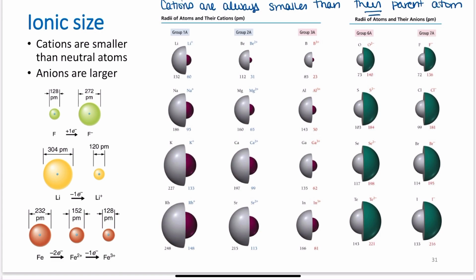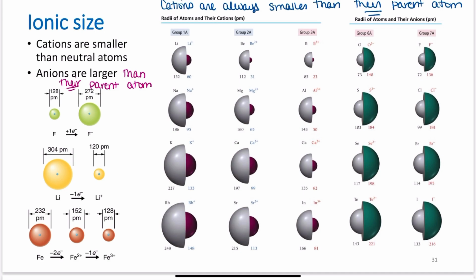That doesn't mean they're smaller than every parent atom. They're smaller than their own. And anions are always larger. So we can see some nice pictures here kind of showing this.